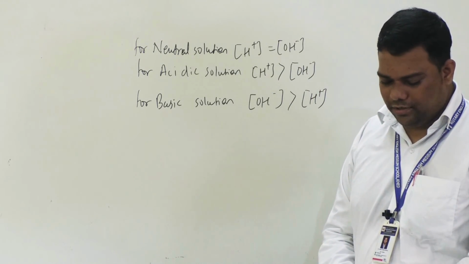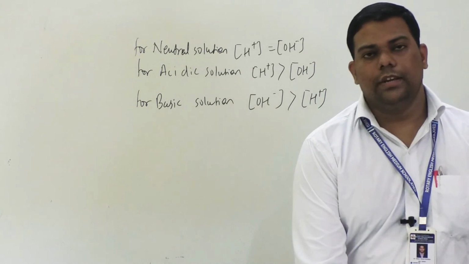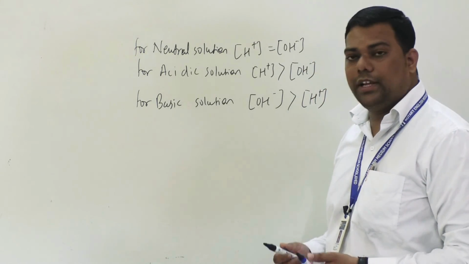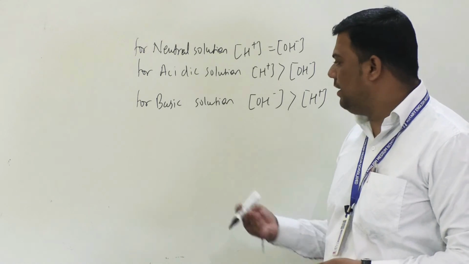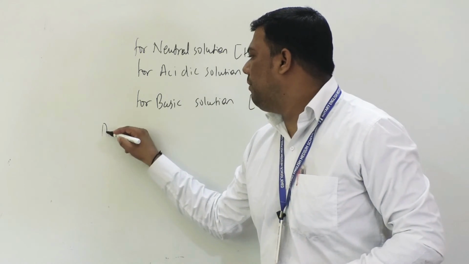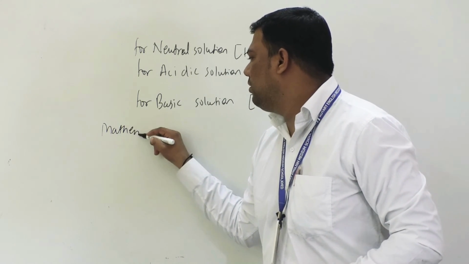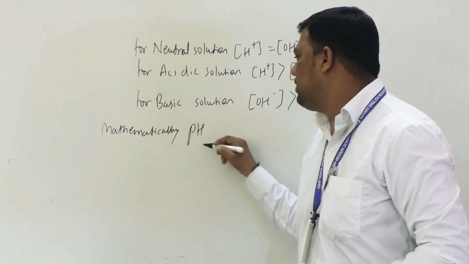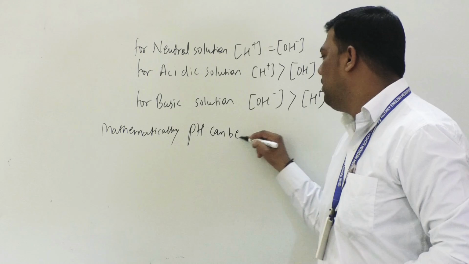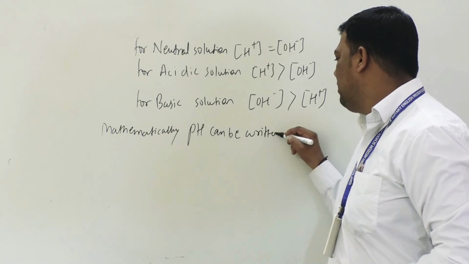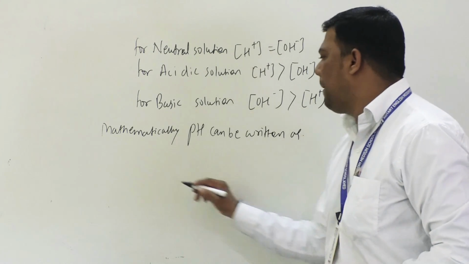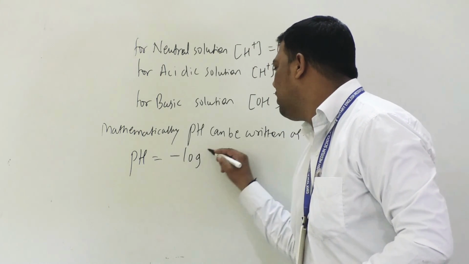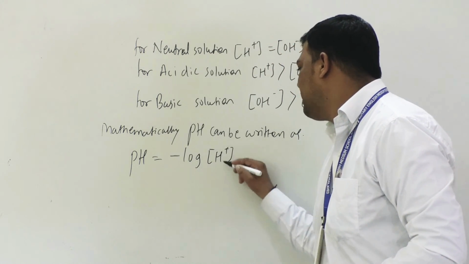Mathematically, pH can be written as the negative logarithm of the concentration of H plus ions.